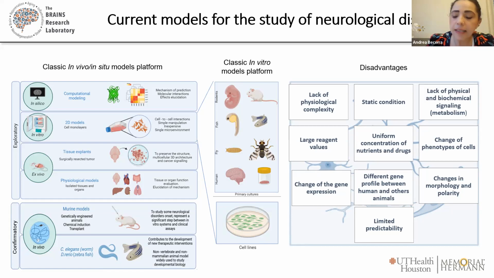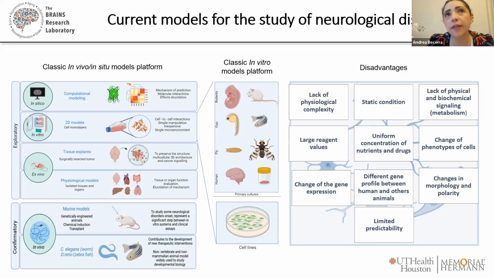In the last decades, these models have helped us to understand a lot of mechanisms of neurological disorders. However, these cell cultures have some disadvantages, such as lack of physiological complexity, static conditions of physical and biochemical signaling, large reagent volumes, uniform concentration of nutrients and drugs, change of phenotypes of cells, and change of gene expression.